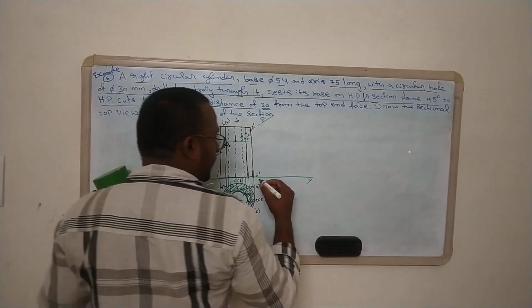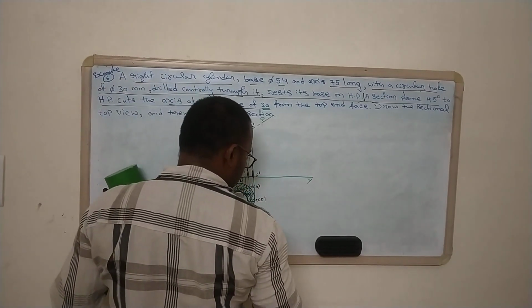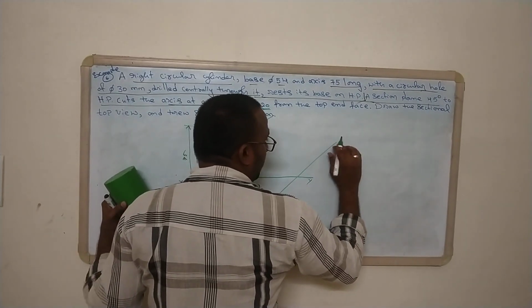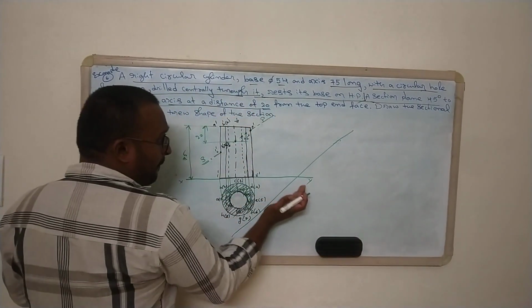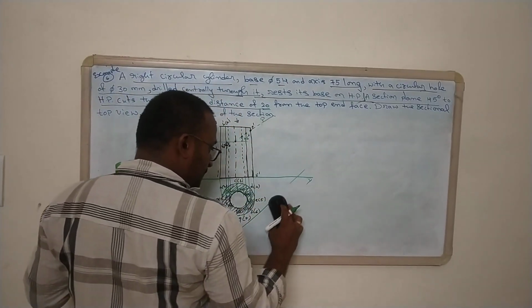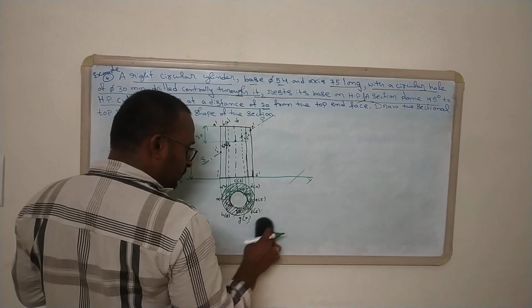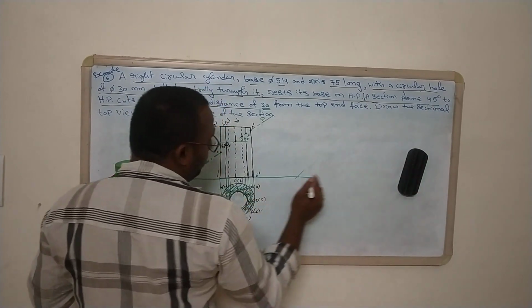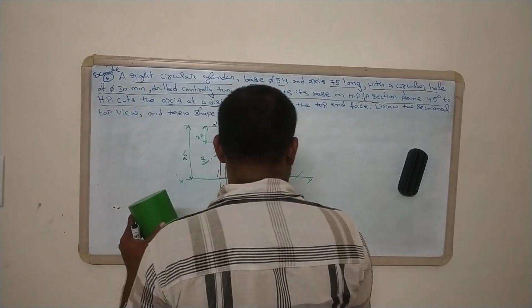So here I am going to place one more reference line, which should be parallel to this particular line. Please remember that it should be parallel to the cutting plane. Then only we will get the true shape of that particular plane.